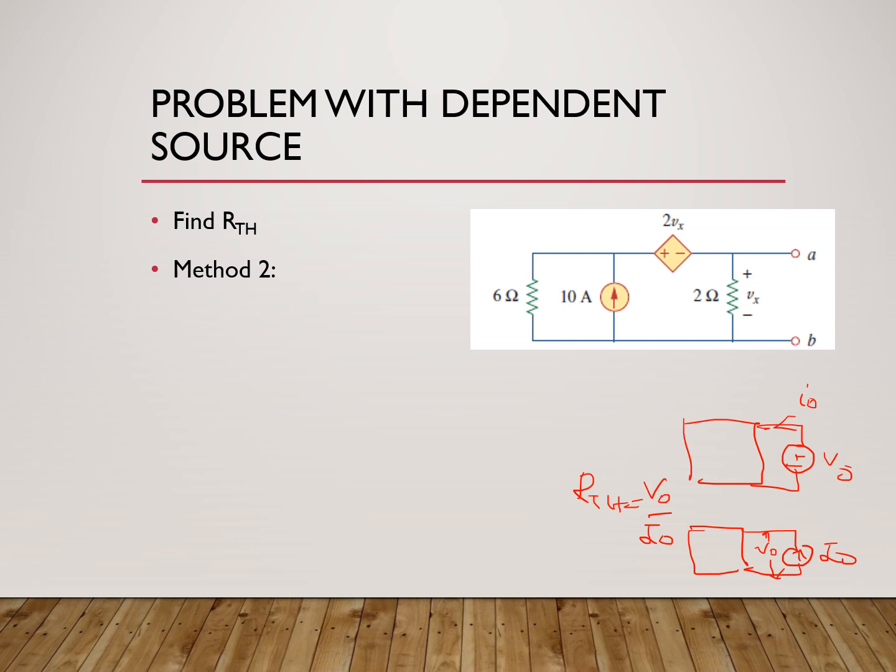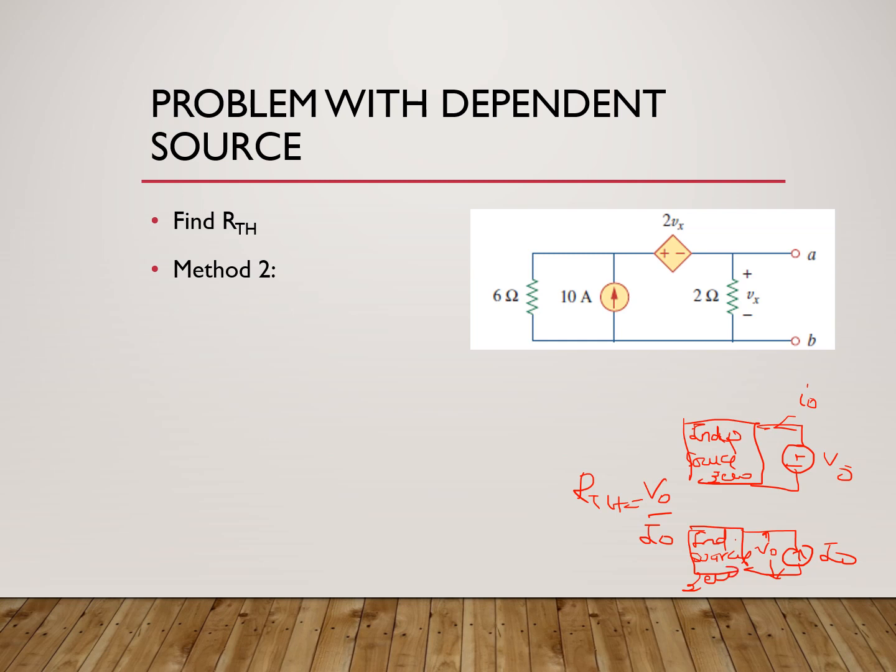Now, remember that when we are finding RTH, all independent sources are 0. Here also, independent sources are 0.